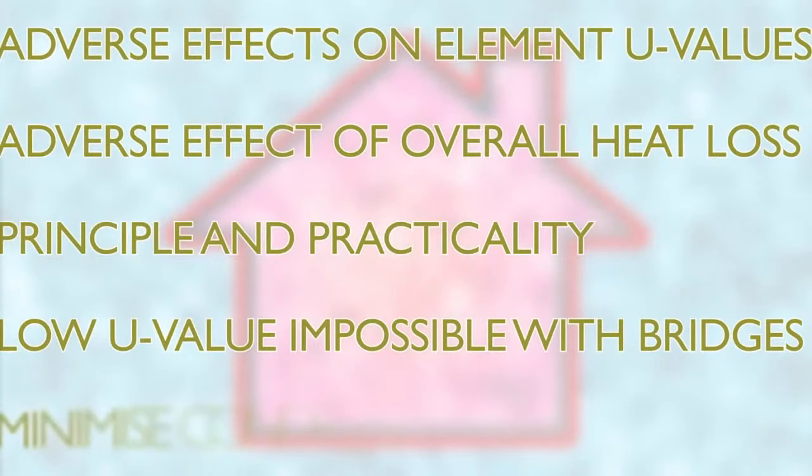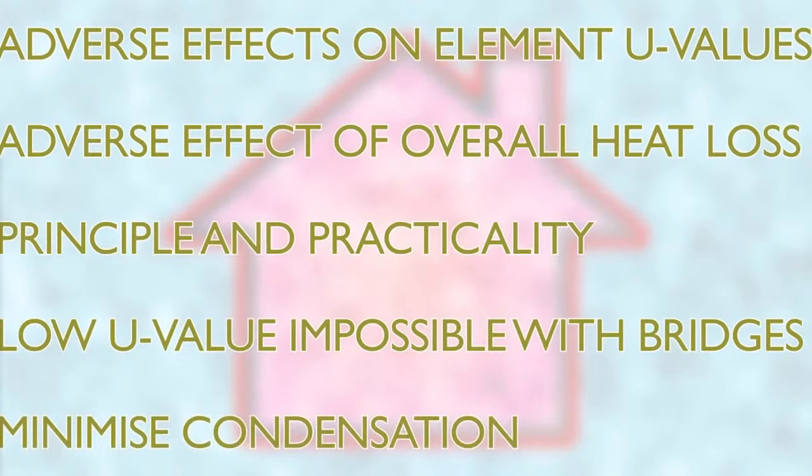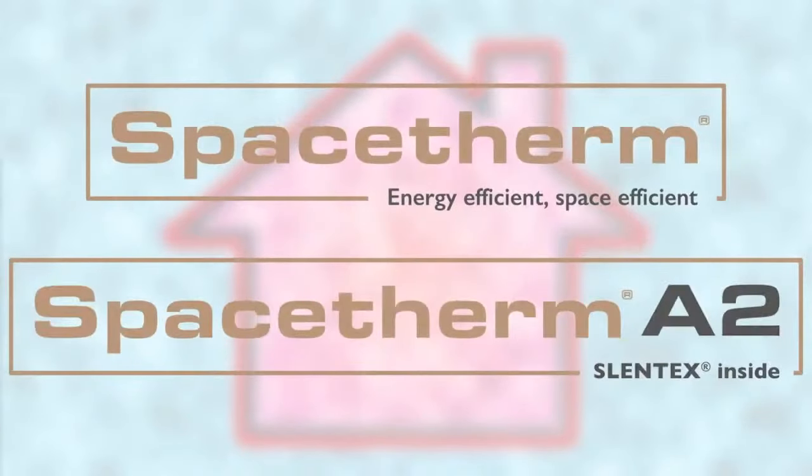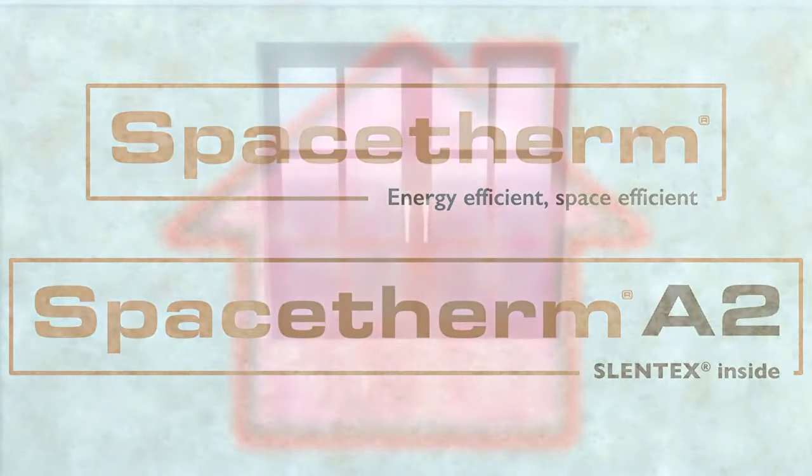But even in cases where designers are aiming for lower standards, the benefits regarding limiting localised condensation are clear. Whatever the assessment criteria, high-performance insulation systems like the space-therm aerogel have a very important role to play in minimising thermal bridging by allowing the thermal resistance to be maximised at any given point.